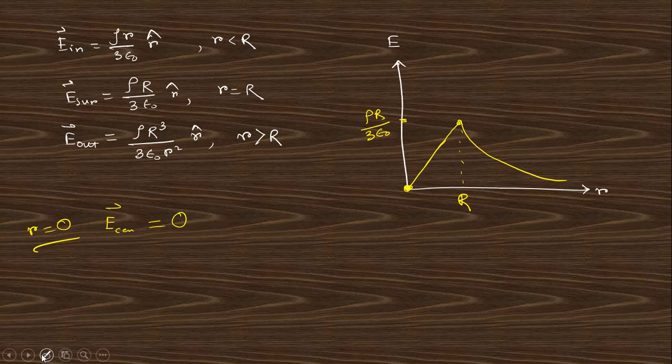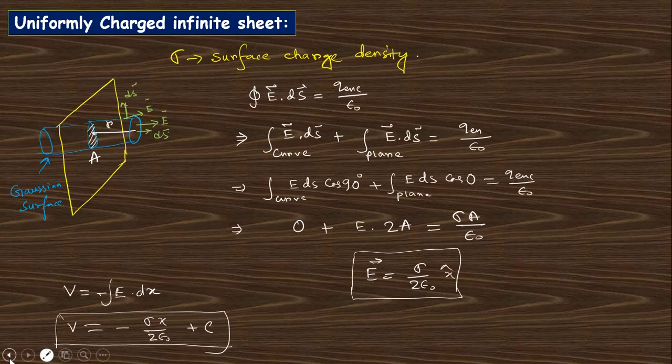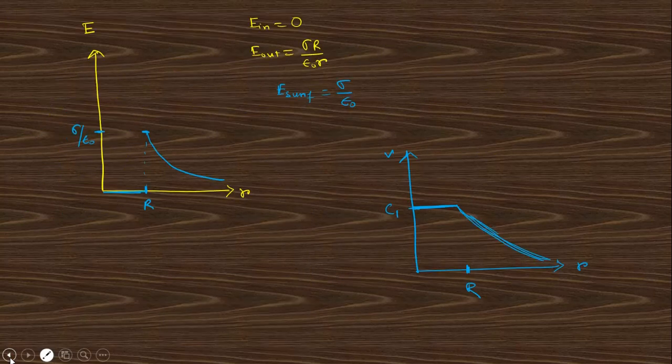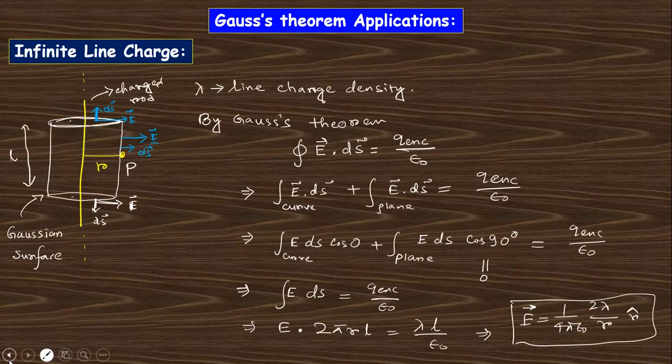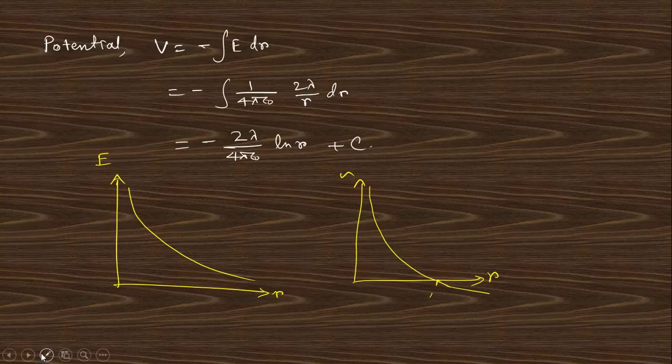So to summarize, we discussed infinite line charge density, which was already discussed with Coulomb's law in the previous lecture, and the curve will be like that.